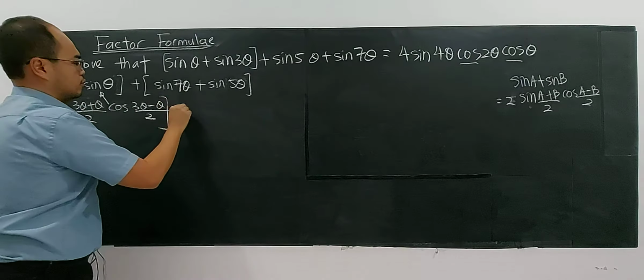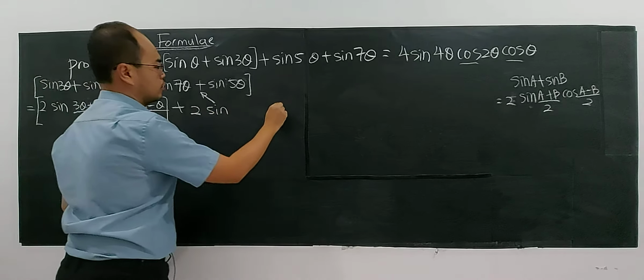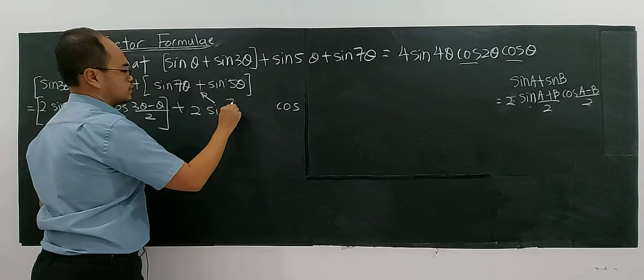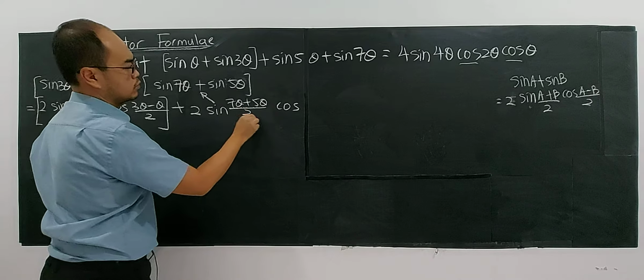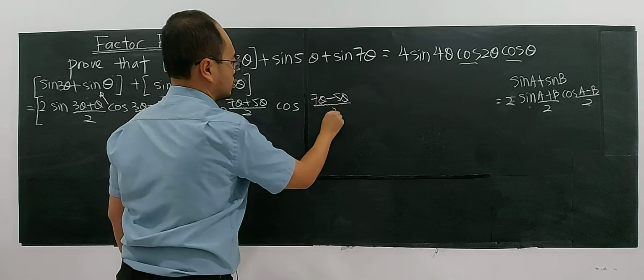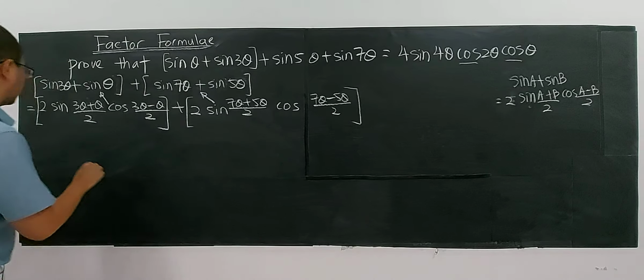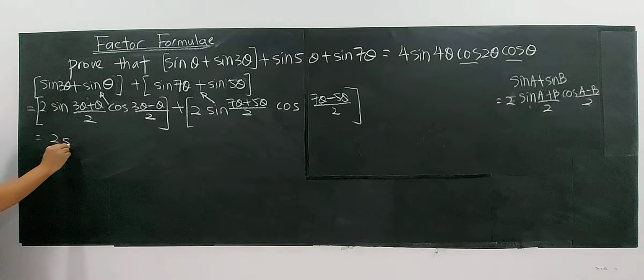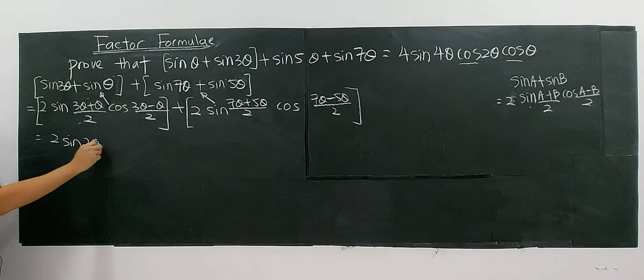Now for this, it will be 2, one sine and one cos. It will be 7 theta plus 5 theta, A plus B over 2, and A minus B over 2. Then you will have 2 sine, 3 plus 1 is 4, 4 over 2, 2 theta.